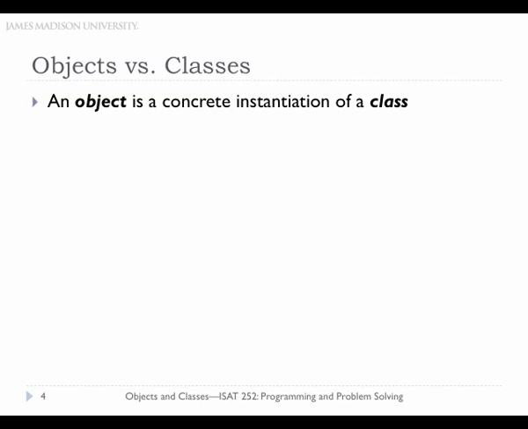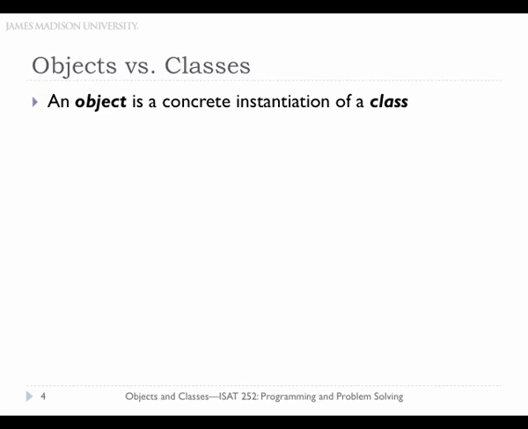A class is a general case of a particular object. So automobile would be the class, and then you would have Honda Accord as the object, the concrete instantiation of the class. Now, you might have a couple of levels in between that. So the class automobile might be subdivided into several child classes like truck, sedan, sports car, things like that.